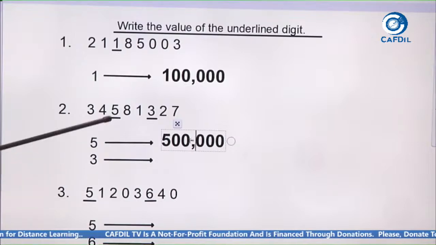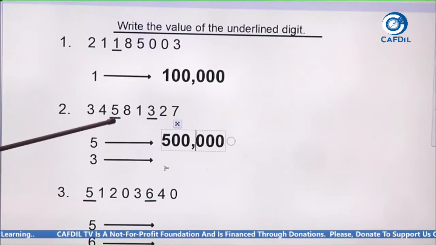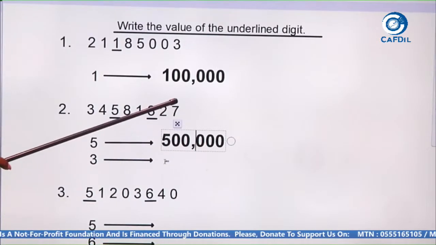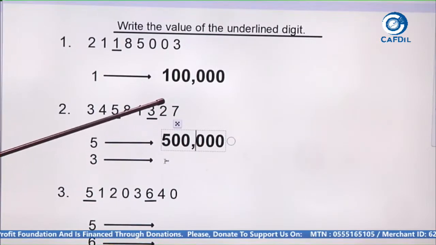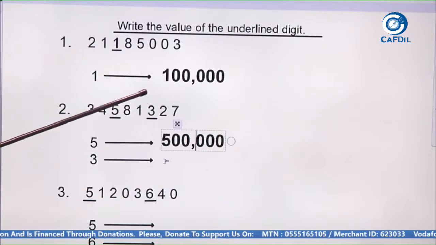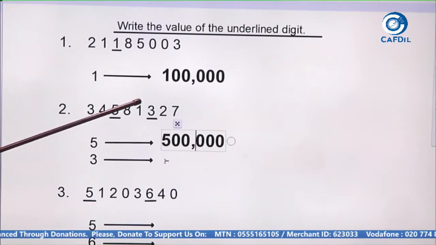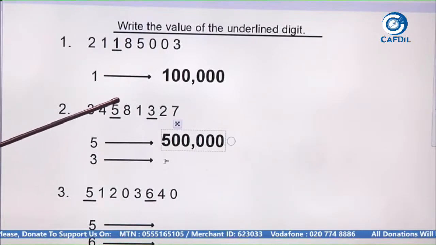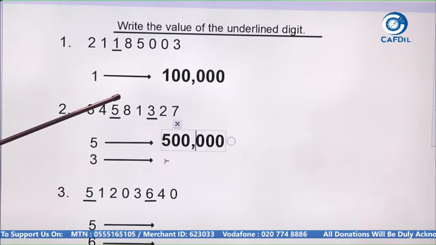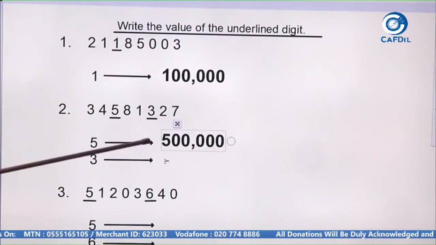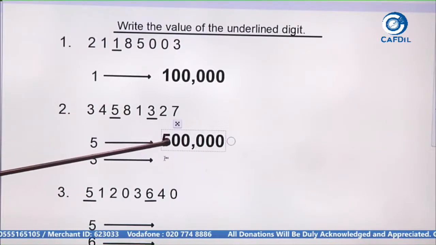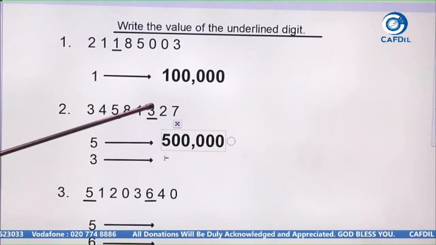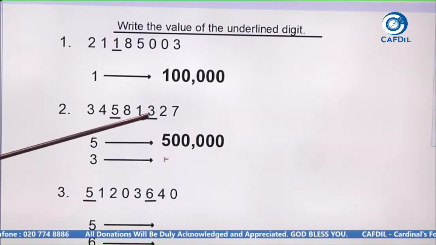And so this 5 will be 500,000. This is our ones, tens, hundreds, thousands, 10,000, and then 100,000. So we have the 5 here to be 500,000.